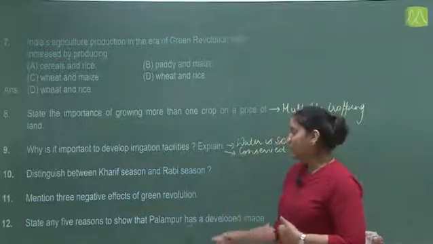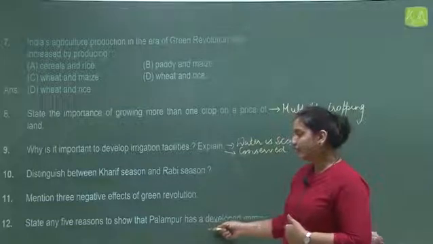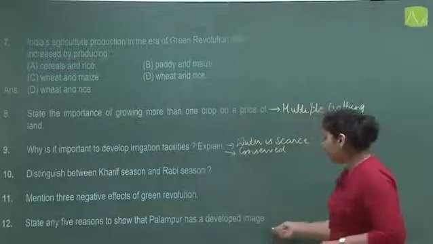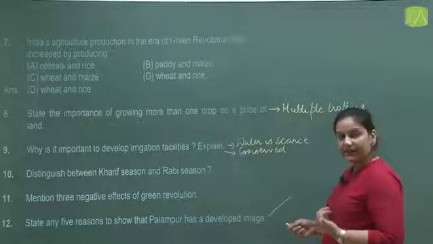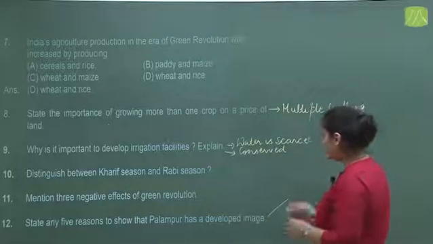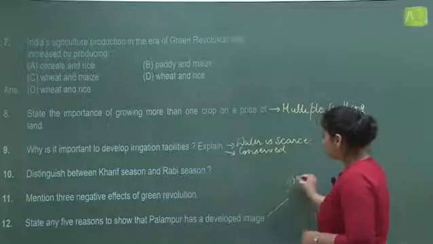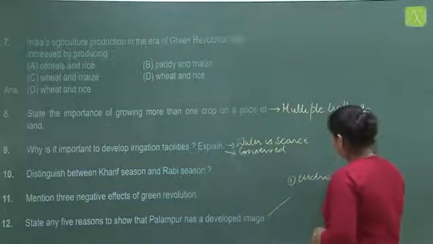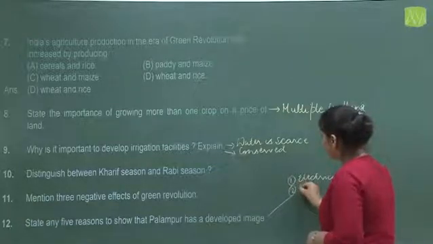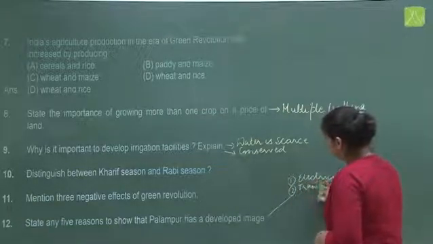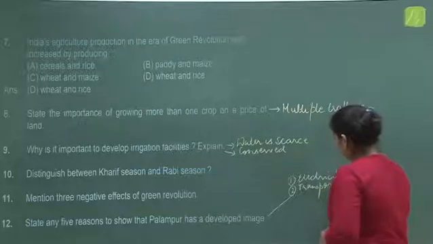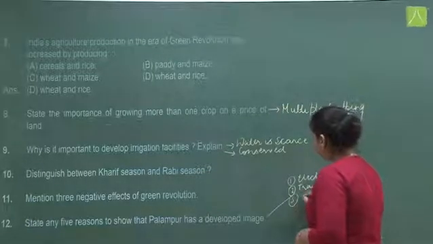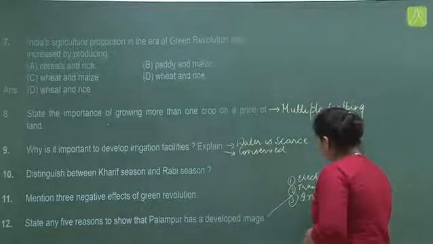Next question, you have to state any 5 reasons to show that Palampur has a well developed image. You will have to relate this to the introduction of your chapter. The first reason is the connection of electricity. The second reason is transportation. The third reason is that it has better irrigation facilities.